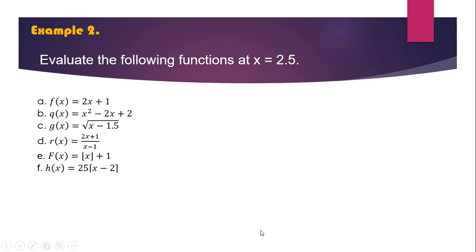Then for letter D, r of x is equal to 2x plus 1 over x minus 1. So substitute the value of x with 2.5. That becomes r of 2.5 equals 2 times 2.5 plus 1 over 2.5 minus 1.